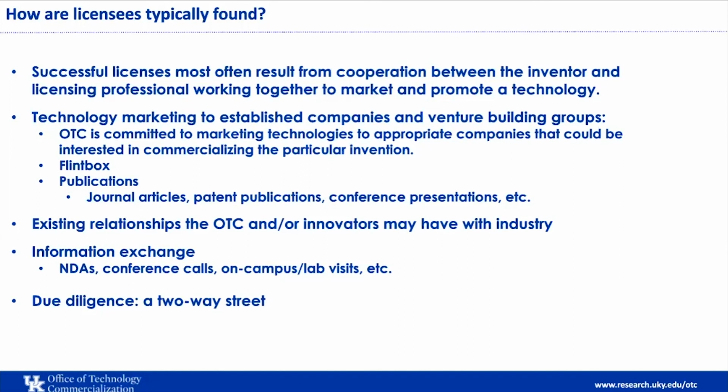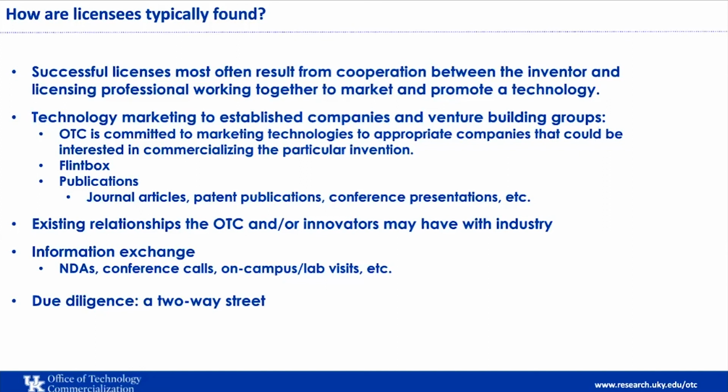And this is going to be a two-way street. So for the prospective licensee, or first, I guess, for the university, we want to investigate the prospective licensee, assess their resources, their expertise, and capability to commercialize the technology. For the company or the prospective licensee, they're going to want a kind of two-pronged approach.